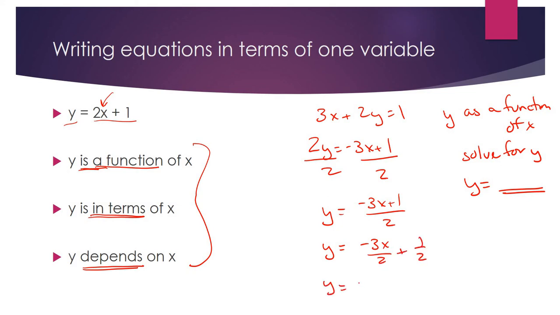And we can say y equals negative 3/2 x plus 1/2. But the important thing that we're dealing with, and if you stop here, that's fine, is to get y isolated, solve for y. In other words, write y as a function of x, write y in terms of x, or make y dependent on x.